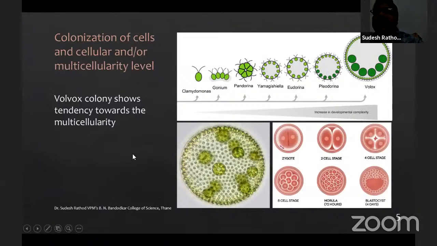Okay. This diagram shows that single-celled animals tend to become multicellular in the course of evolution. On the top, you see the dinoflagellates. These are protozoans. They belong to Mastigophora, flagella-bearing animals. There are certain animals which are singular.